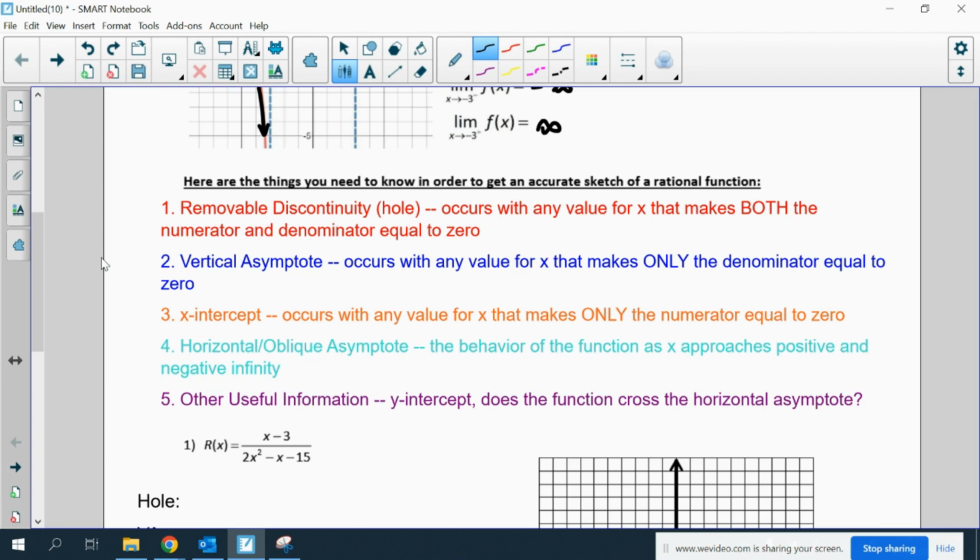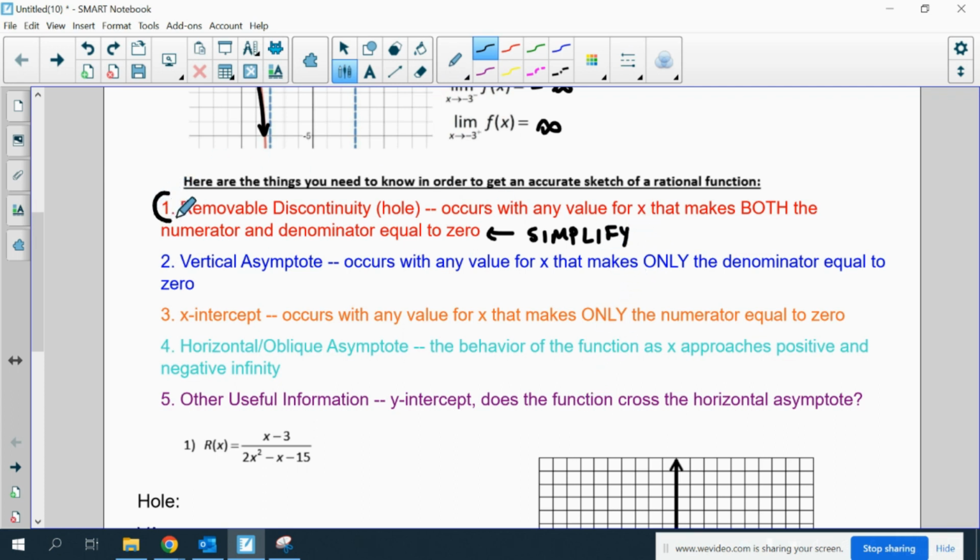This occurs anytime there's an x value that makes both the numerator and denominator equal to 0. Usually, after you figure this out, then you can simplify the function by canceling anything that is in both the numerator and denominator. And then the rest of the time, you can just use the simplified function.